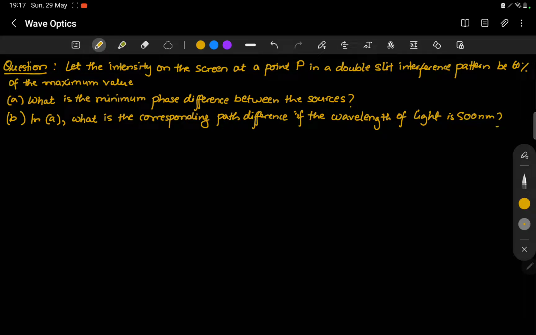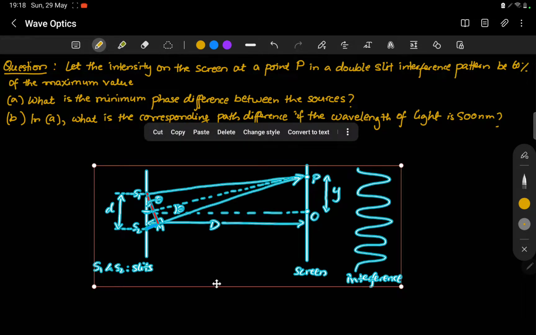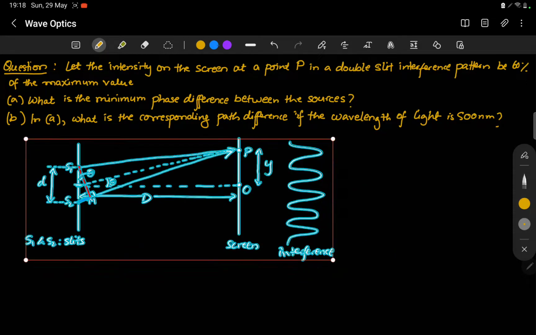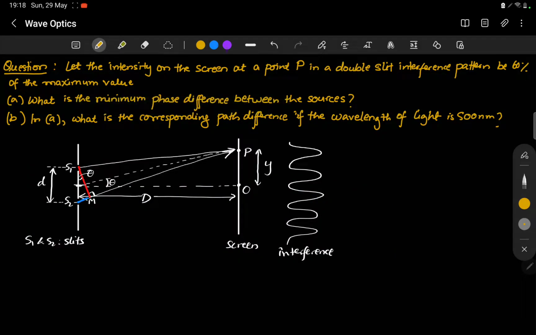So before proceeding, let us draw the diagram once again. Here we have the diagram for Young's double slit experiment. S1 and S2 are the two slits, or we can consider them to be two secondary sources. Here is the screen, and from the center of S1 and S2, if we draw a perpendicular onto the screen, then we consider that point as the origin, and from there we will measure distance along the screen.